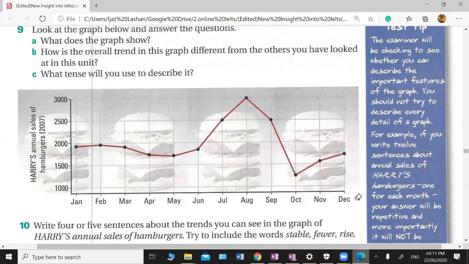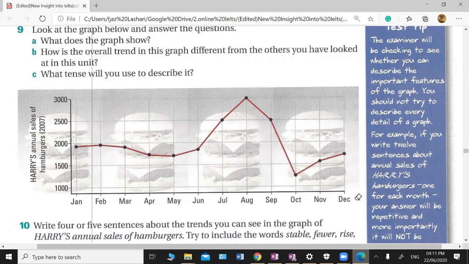Okay, sir. Sir, this is all about Harry's annual sale. Harry is the name of a company selling hamburgers. The graph is about 2007, how much there was in sales throughout that year. So the year was divided into 12 months.